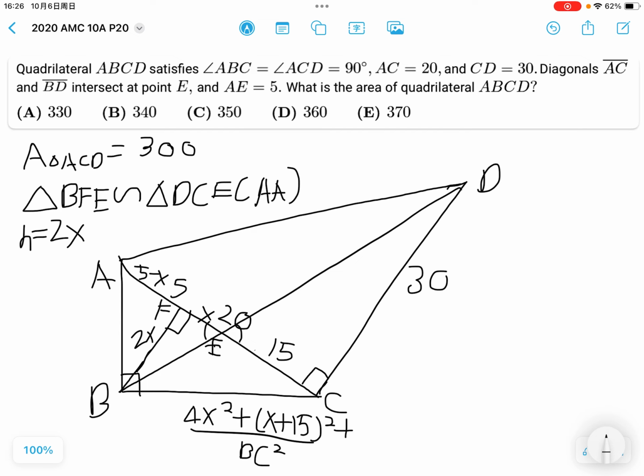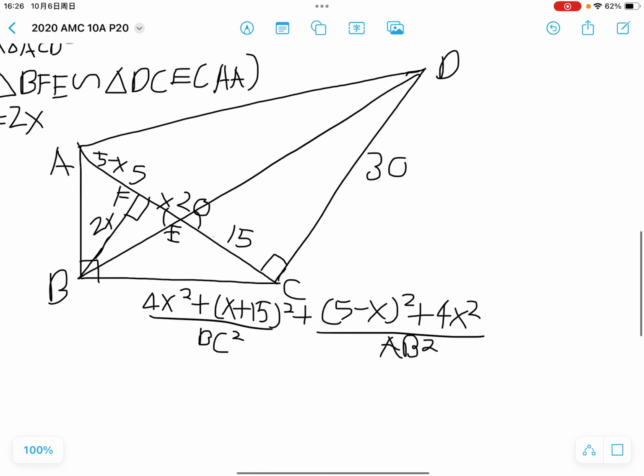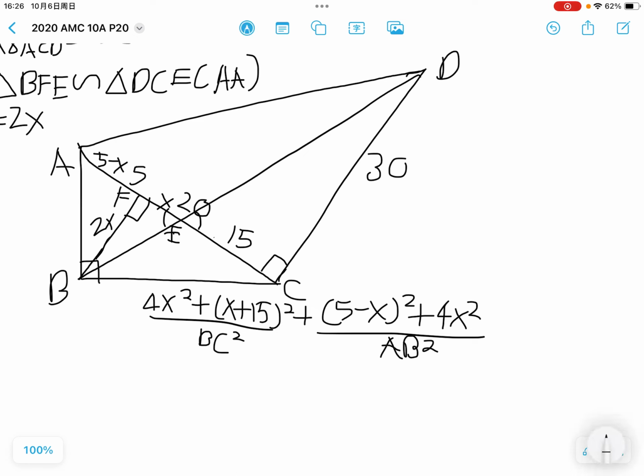And we know that 5 minus x squared plus 4x squared is AB squared. So what does this give us then? AB squared plus BC squared gives us AC squared, and we know AC squared is 400. So we have an equation. Okay, so pretty good actually.